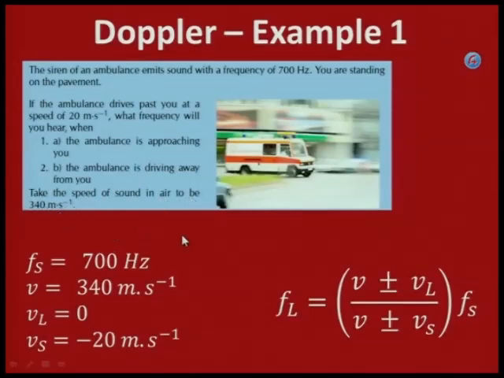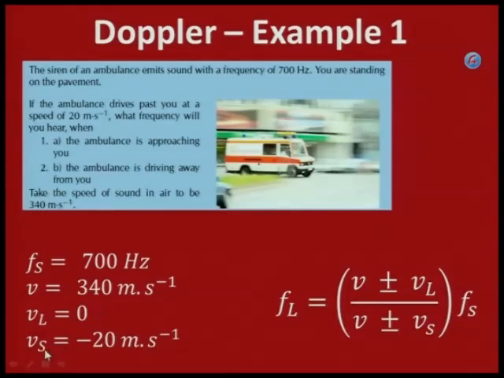Okay, the first thing you do is you take what is given in the question and you write it down. First, they give you the frequency of the ambulance siren, 700 hertz. So Fs is 700 hertz. V is the speed of the wave. The speed of sound is 340 meters per second. You are standing on the pavement, so the speed of the listener is 0.